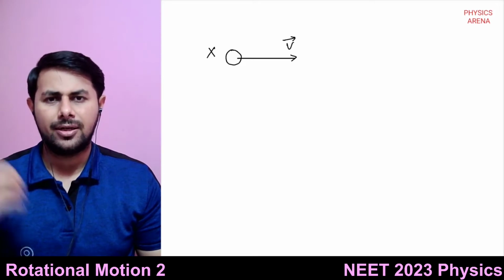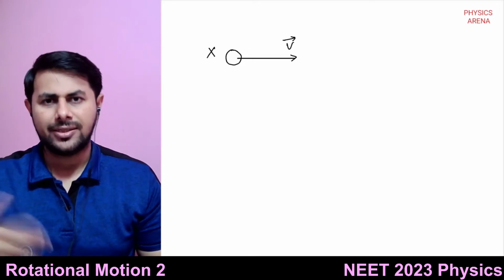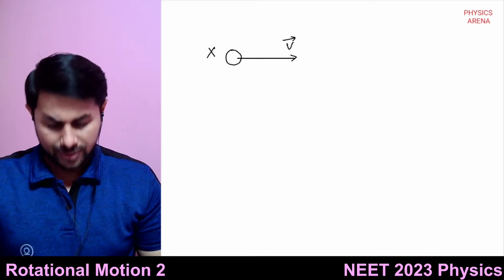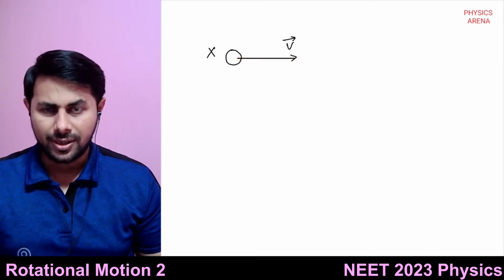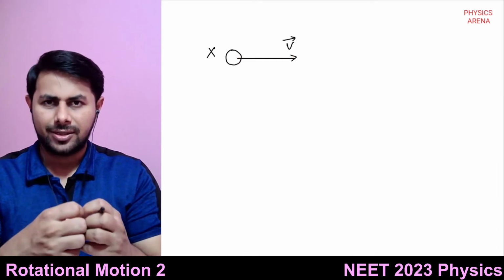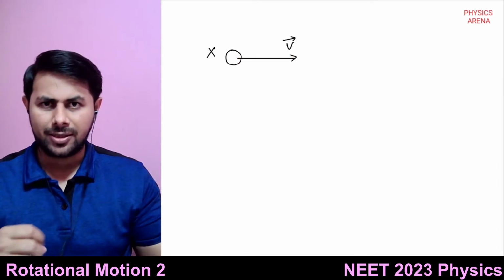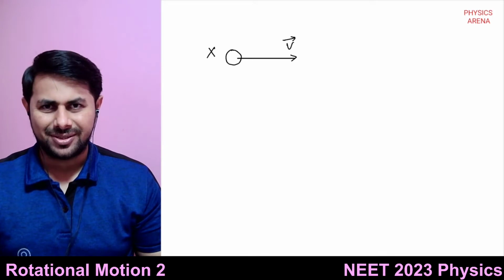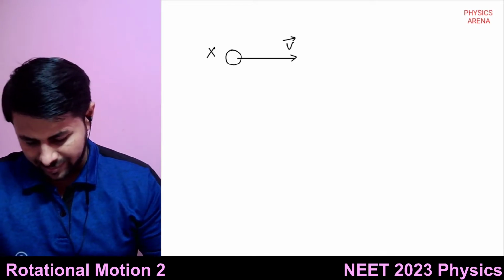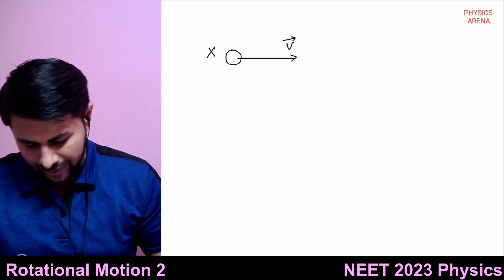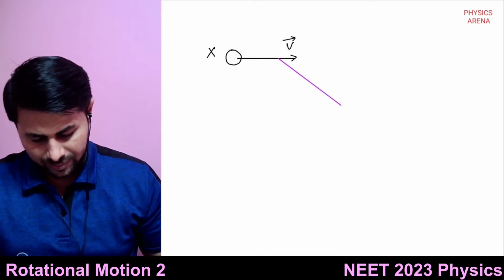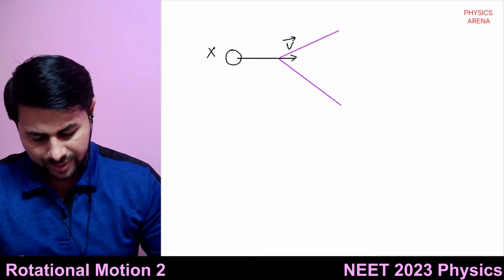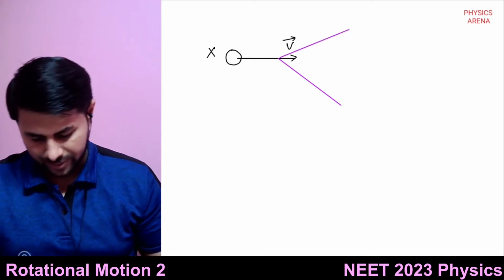An alpha particle gets emitted. So this atom was moving in this direction, and this atom breaks into what? An alpha particle and some other element. So the alpha particle gets emitted in this direction, and the element moves in this direction.